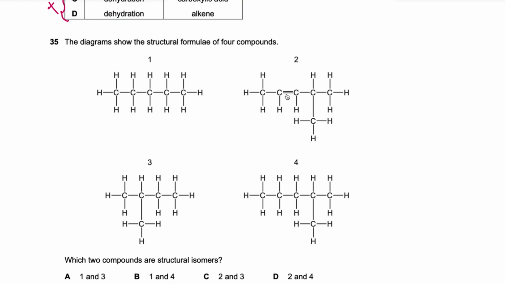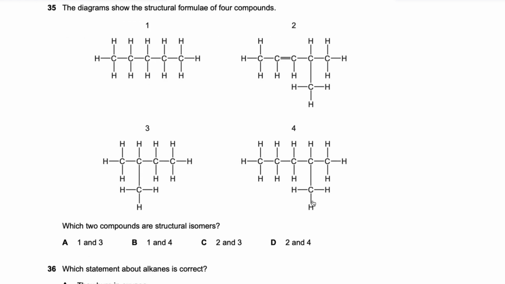This is 2-methylbutane. This is at carbon number 2. If you start from this side, you have this methyl at 2-methyl, 1, 2, 3, 4, 5.